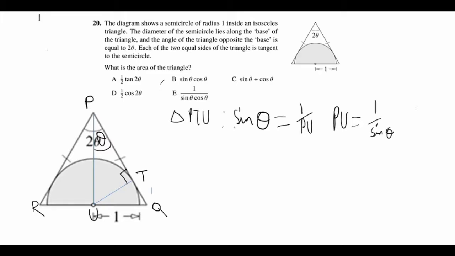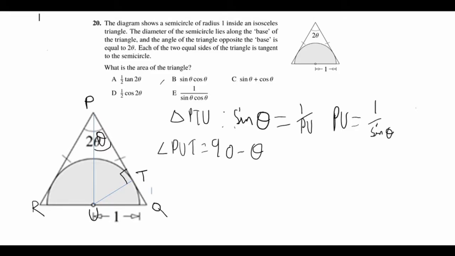What we can also do is fill in some other angles. So we know that the angle PUT is equal to 90 minus theta, because the angles in a triangle add up to 180 degrees.